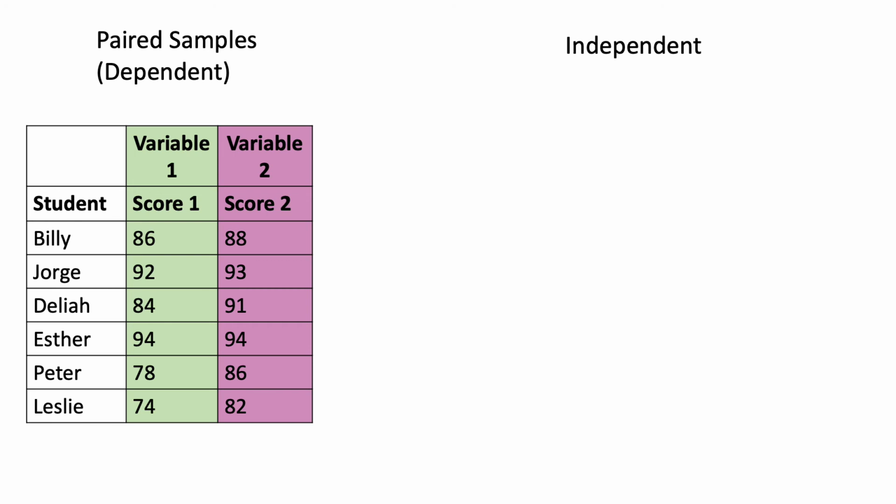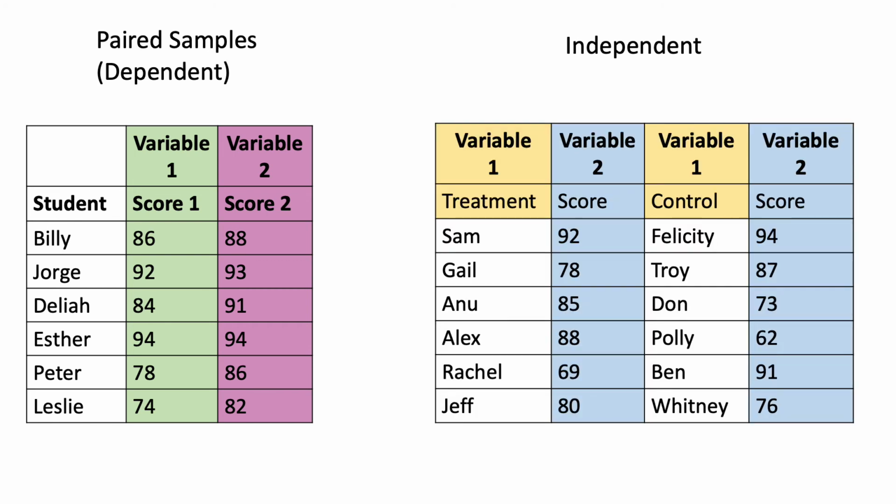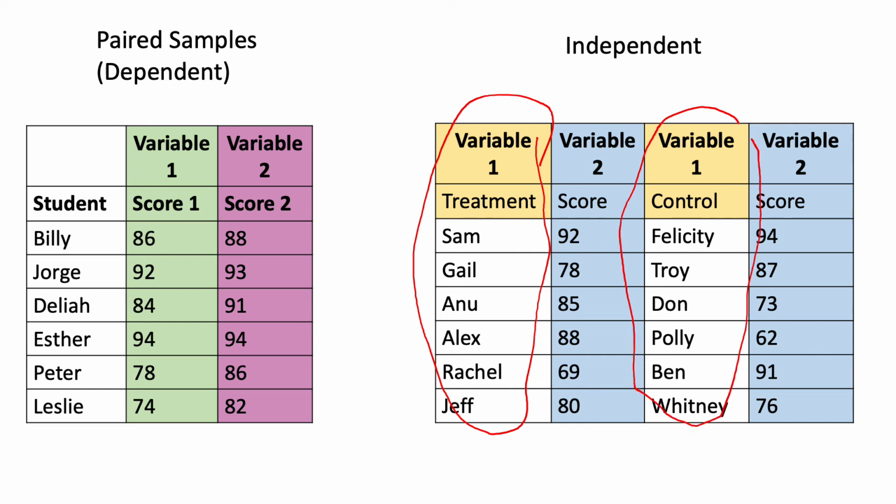But when we're working with independent samples, we actually have a treatment group and a control group. It's the same variable, it just has 2 conditions. And then we have variable 2, which is going to be our dependent variable in this case, which is their scores.